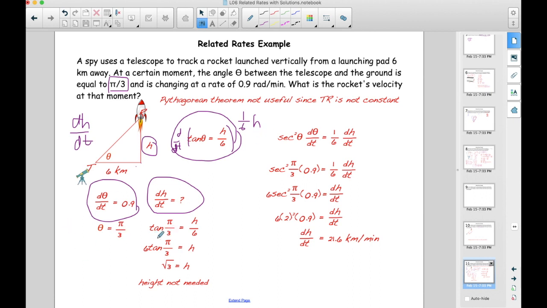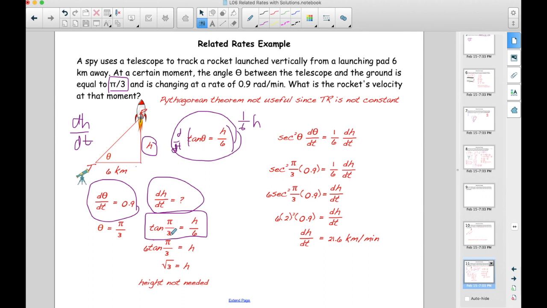Now, over here, did we need the height? I calculated the height, but it turns out we don't need it. So in order to not make useless calculations, maybe take the derivative first. Notice there is no h here, so I don't need h. But if I wanted to find the h, I would have just said tangent of pi over 3 is equal to h over 6.